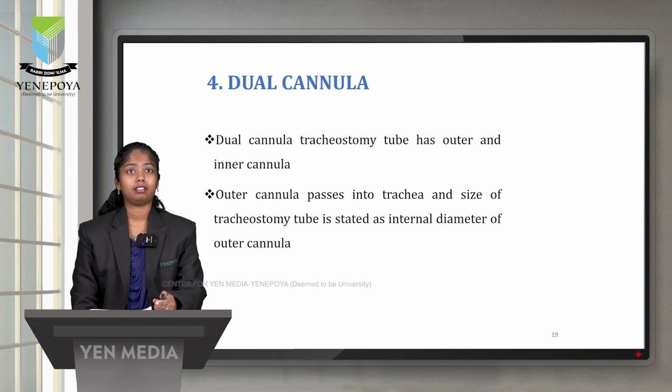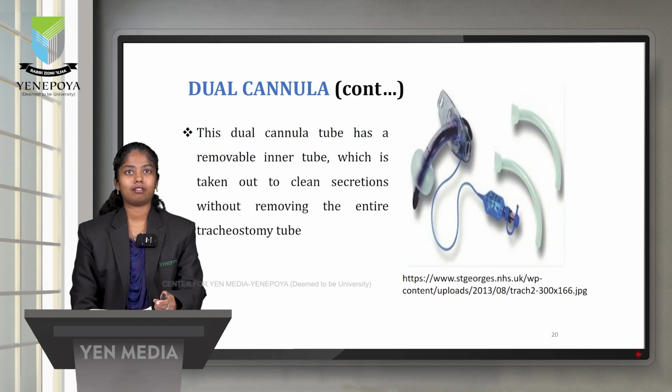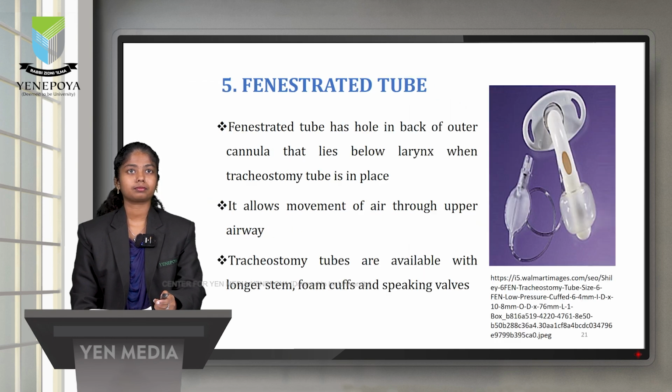Dual cannula. Dual cannula tracheostomy tube has outer and inner cannula. The outer cannula passes into the trachea, and the size of the tracheostomy tube is stated as the internal diameter of the outer cannula. This dual cannula tube has a removable inner tube which is taken out to clean secretions without removing the entire tracheostomy tube.